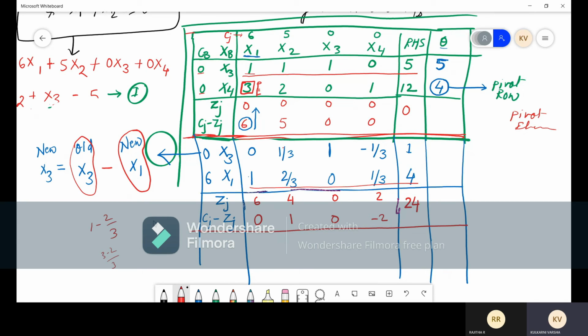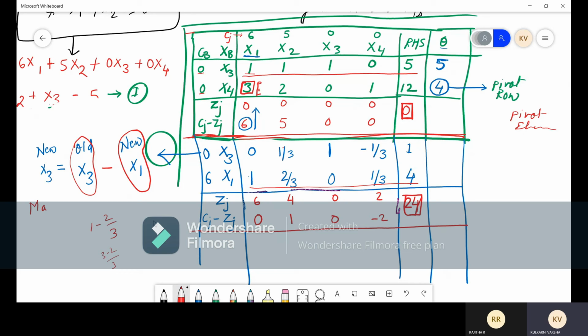So here you can see, here we got one value, that is 0, and next in Cj minus Zj, we got the Z value, that is 24. So first we got 0, that is the initial feasible answer for the Z. Z is nothing but our max objective function, no?